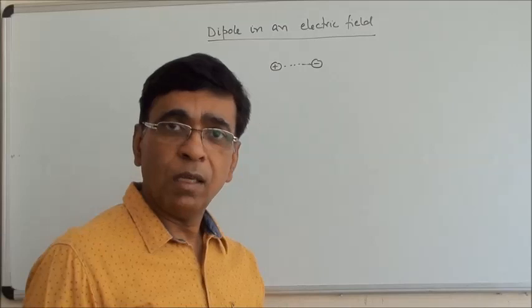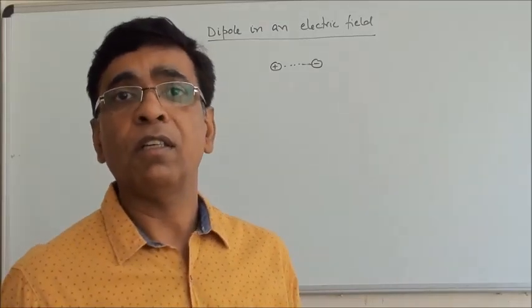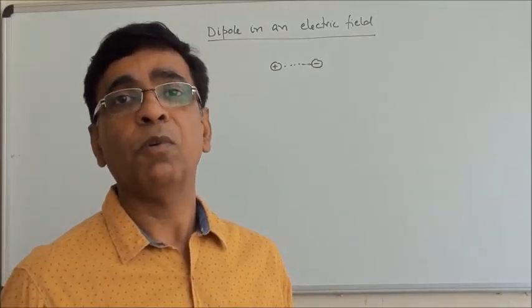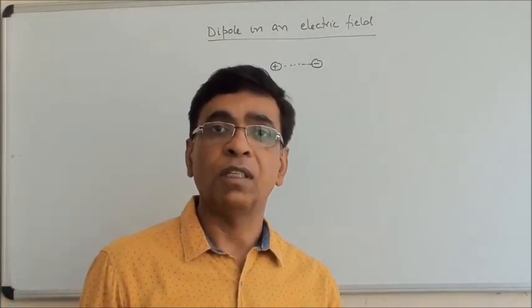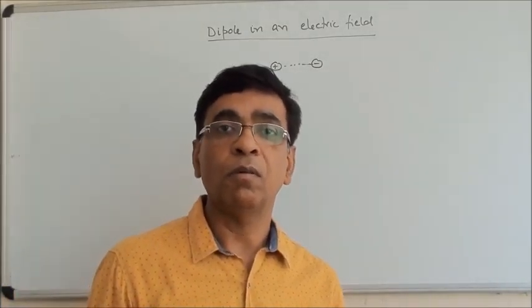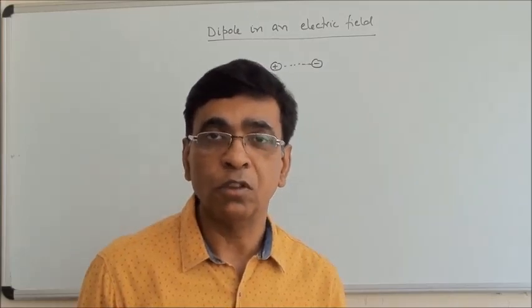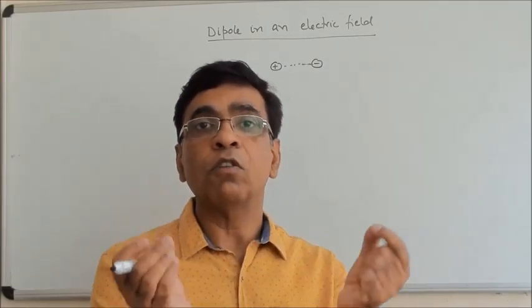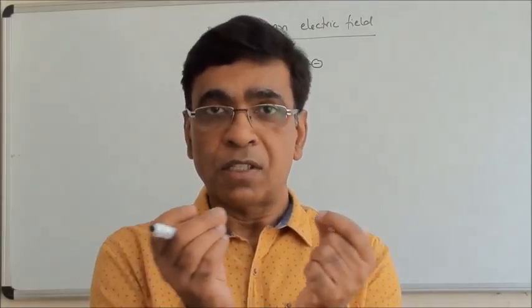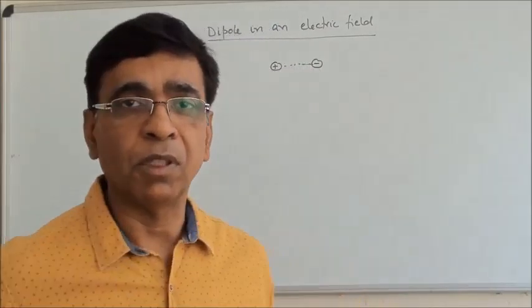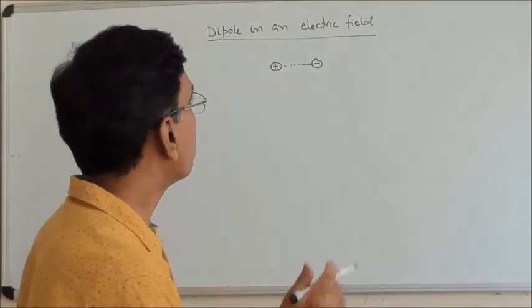When we keep an atom in an electric field, it also behaves like an electric dipole, because the positive charges, protons, experience force in the direction of the field and the negative charges, electrons, opposite to it. So the centers of plus and minus charges get displaced and separated, and it starts behaving like an electric dipole.